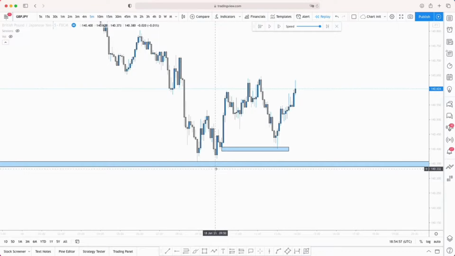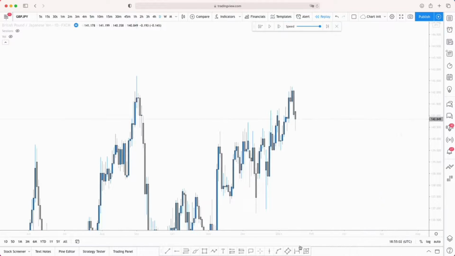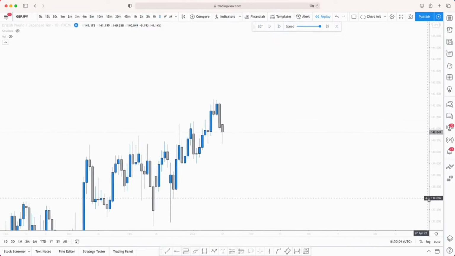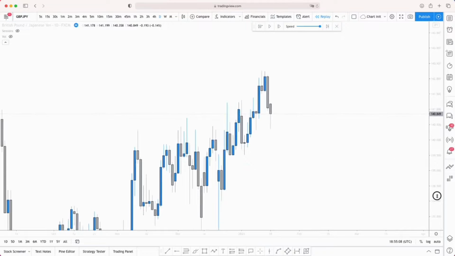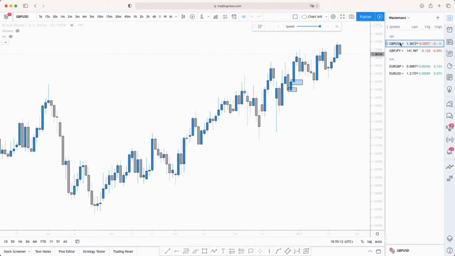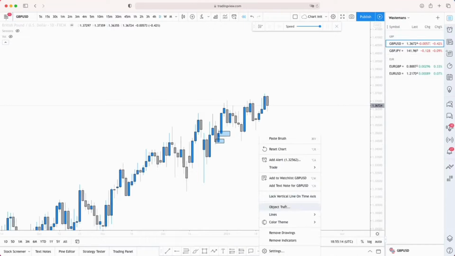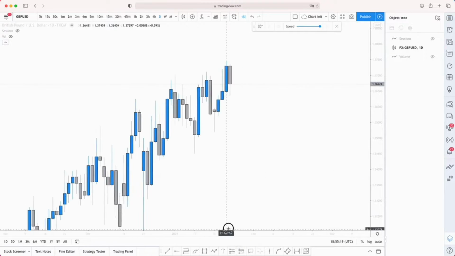It's the exact same thing going from, for example, the daily. If we think about it from this perspective, where did the break of structure occur? So let me try to find you a clear example. So from the daily perspective, sorry, there we go.